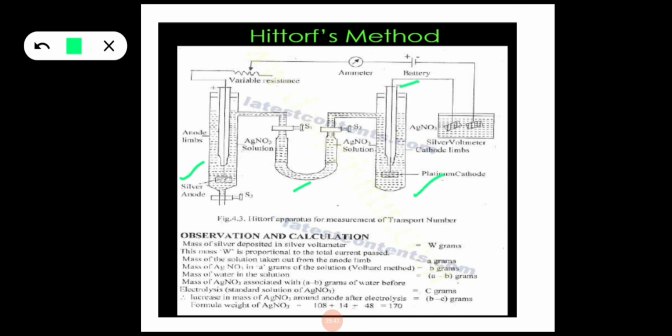Let us suppose silver nitrate solution is taken in the anodic compartment and the middle chamber, and in the cathodic compartment the same silver nitrate solution is taken. They are connected to the electrical circuit by making use of an electrode. Electrode is a metal. If we take a platinum electrode, it is an inert electrode.